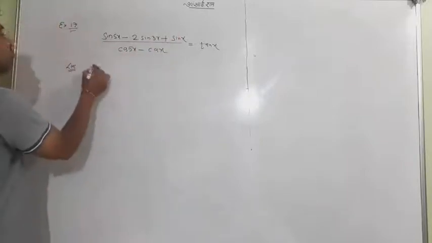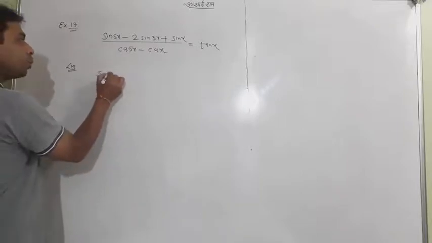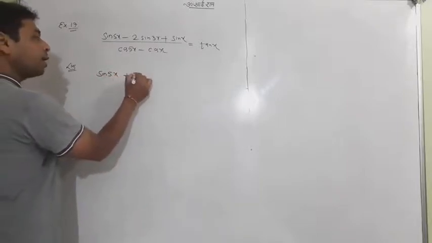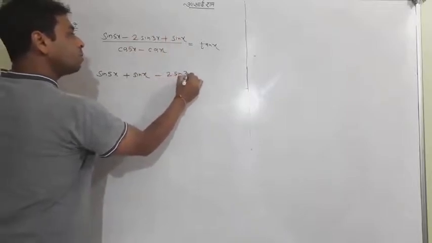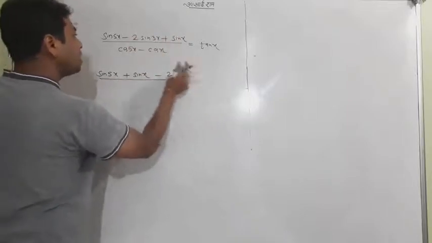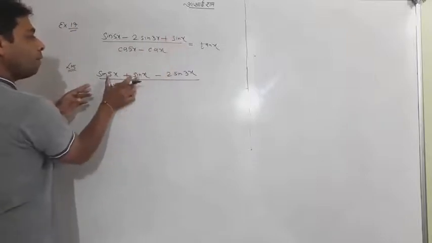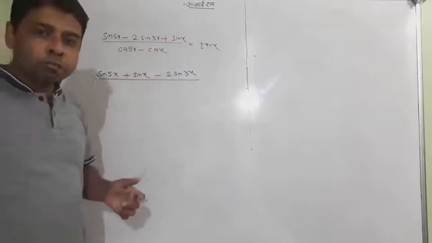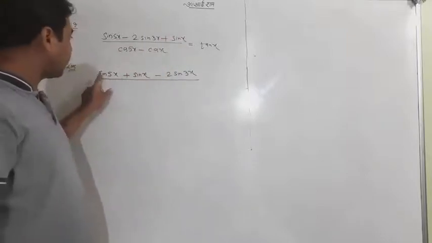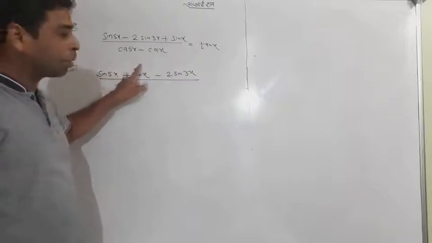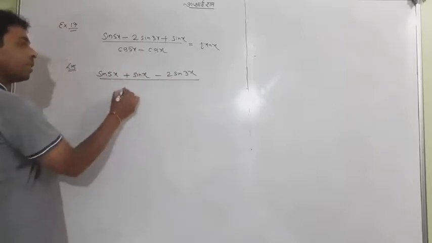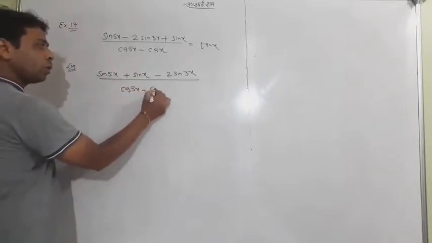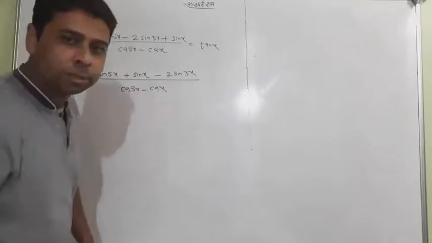So now I am arranging the question in proper format. I write these two terms first, and minus 2 sin 3x I am leaving there, because these two have the proper form of sin c plus sin d, but the 2 I cannot take as a c and d. And the denominator is cos of 5x and cos of x, very similar to cos c minus cos d.